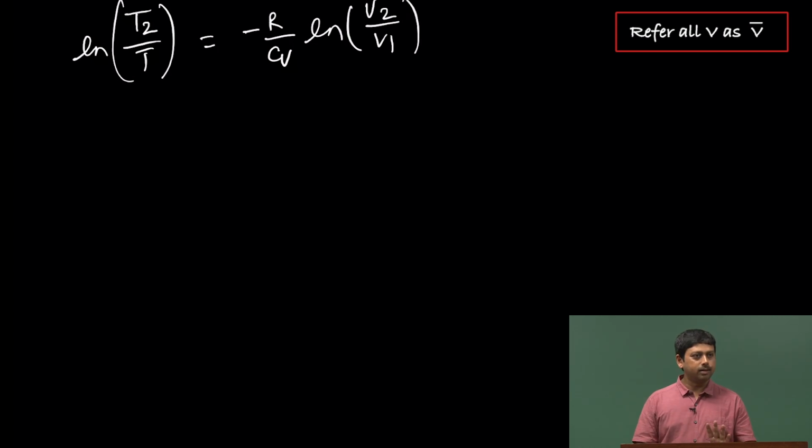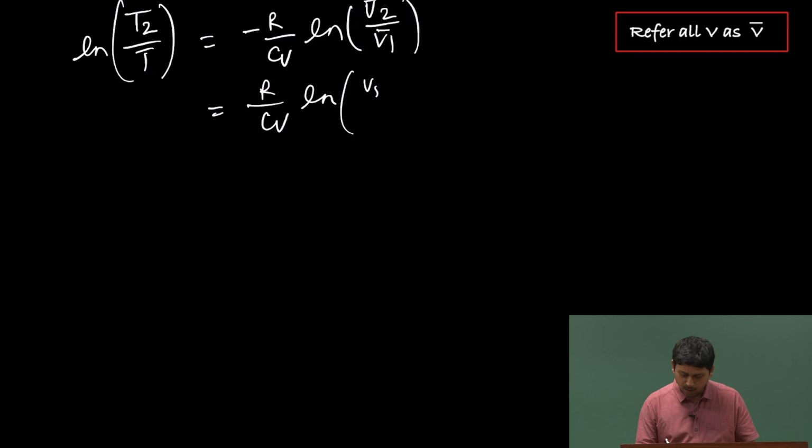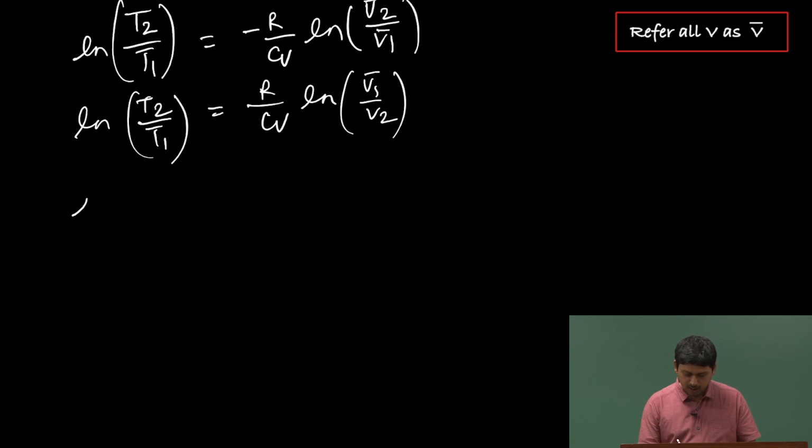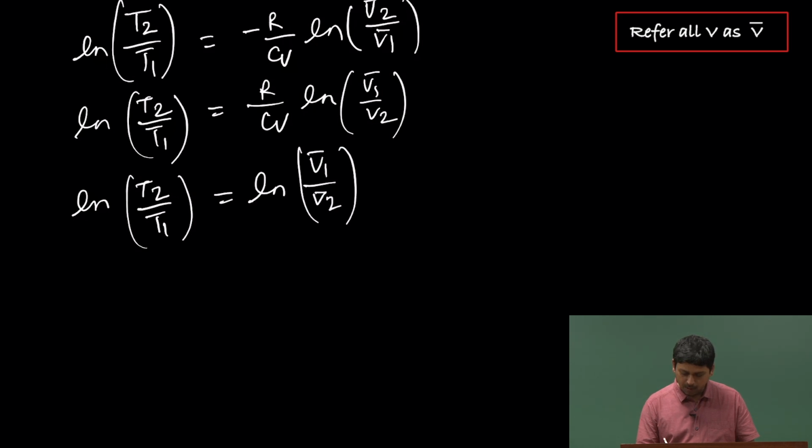This is nothing but R by Cv ln V1 by V2, which means ln T2 by T1 is equal to ln of V1 by V2 to the power R by Cv, and we know that R by Cv is gamma minus 1.